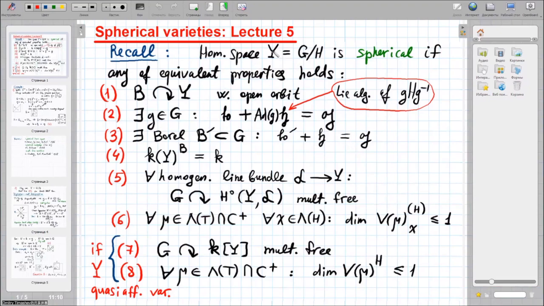So the dimension of Y should be less or equal than the dimension of B. This is a strong restriction. This means that a spherical homogeneous space cannot be too big, and the stabilizer cannot be too small. So you can imagine plenty of homogeneous spaces which are not spherical. Actually, most of them are not spherical. Sphericality is a nice distinguished property.